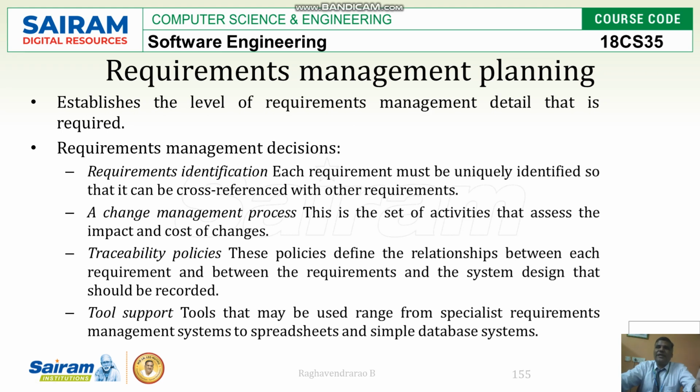Already a requirement is there and you are going to overlap that, and cross-referencing of the requirements, how that is going to be identified. Unnecessarily 2 or 3 requirements are going to be the same, so those things are going to get identified.